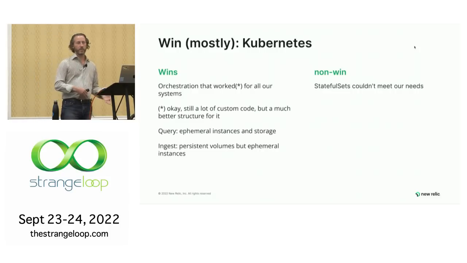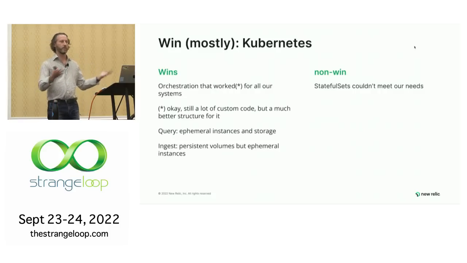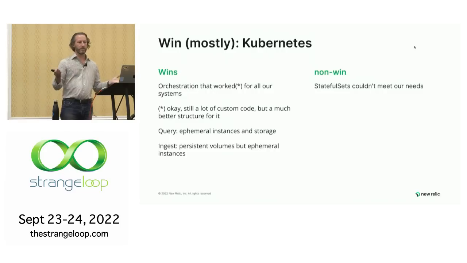This also meant that we could switch our query tier to ephemeral instances and storage and just take advantage of Kubernetes orchestrating that. Ingest, we still need persistent volumes because at that point it's the one and only copy of someone's data. But we can have ephemeral instances attached to persistent storage.